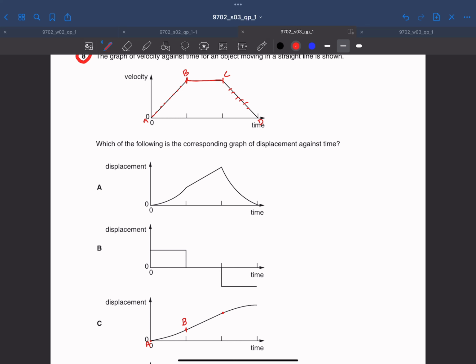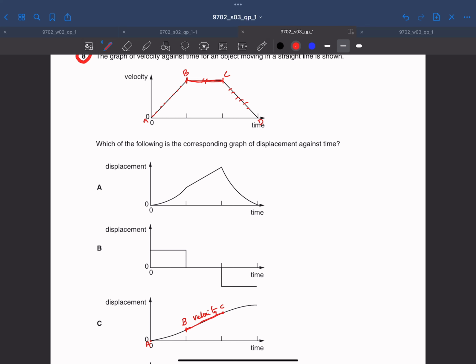But from B to C, the slope of the displacement-time graph is constant. The slope of the displacement-time graph is nothing but velocity, so the velocity is constant throughout.